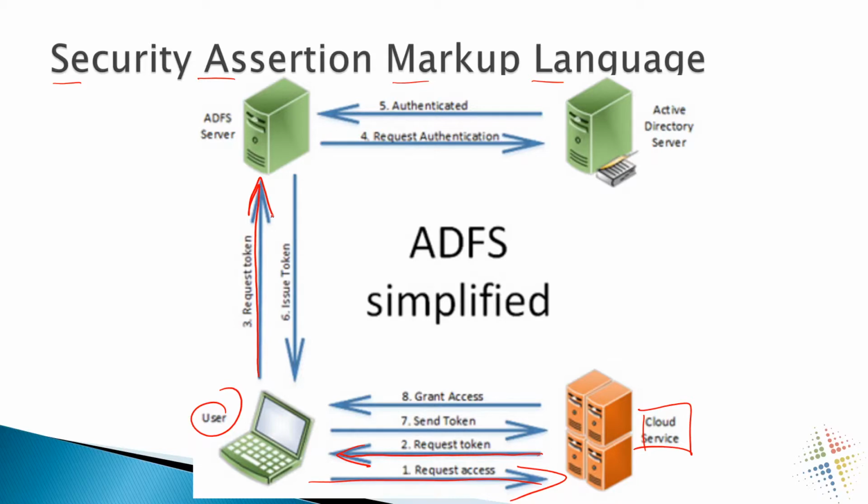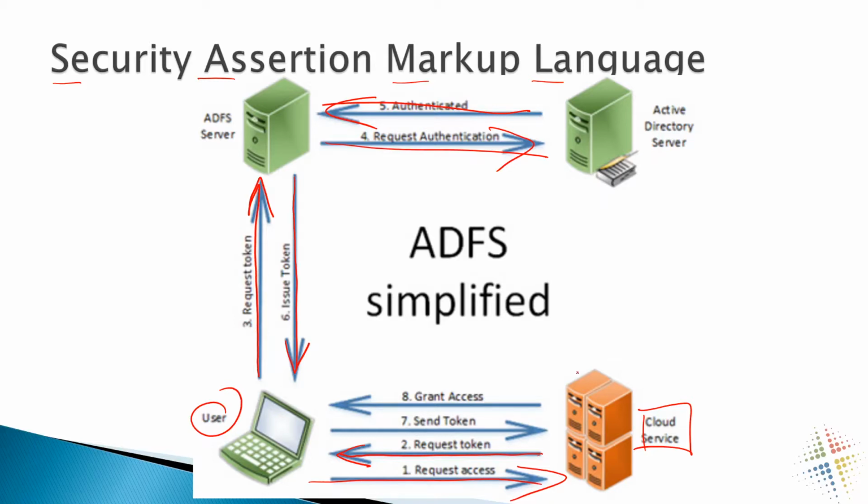You may have seen this before if you're trying to get into your school or your corporate email. You tried to log into Outlook.com and instead it redirected you to some internal website from your company. So you request the token from there. Basically, you send it your username and password, and then it sends back an authenticated state. And then finally, a token is issued.